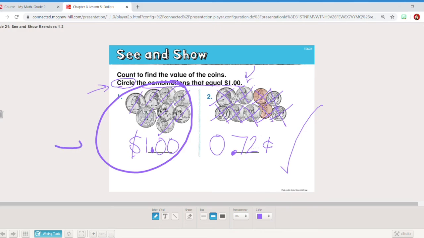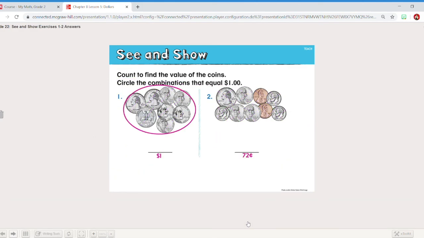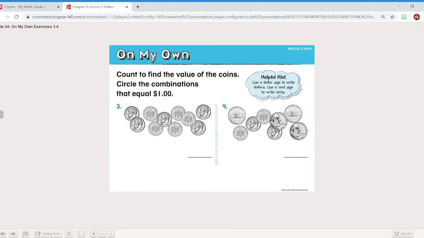I don't want to miss out on a point on my math because I didn't follow directions. Make sure to circle. All right, now let's go back. Circle the combinations that equal $1. It's a helpful hint that I will suggest you use. Use a dollar sign to write dollars. Use a cent sign to write cents. You have got this.